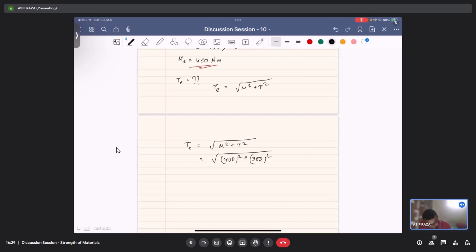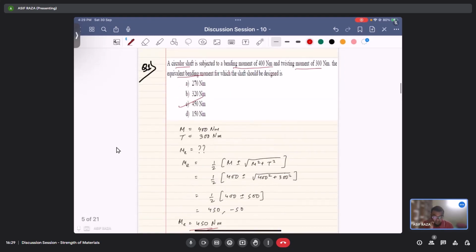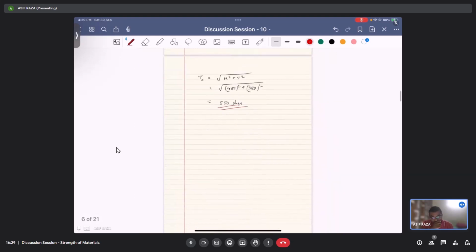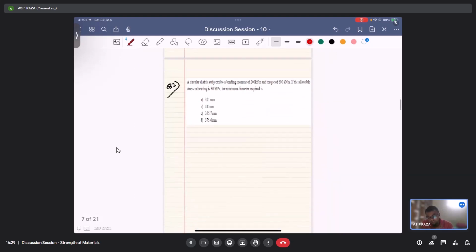If you solve this, it will come out to be 500 Newton meter. Okay, so this is quite a straightforward question. I hope nobody will have doubt in this question. Moving on to the next question.